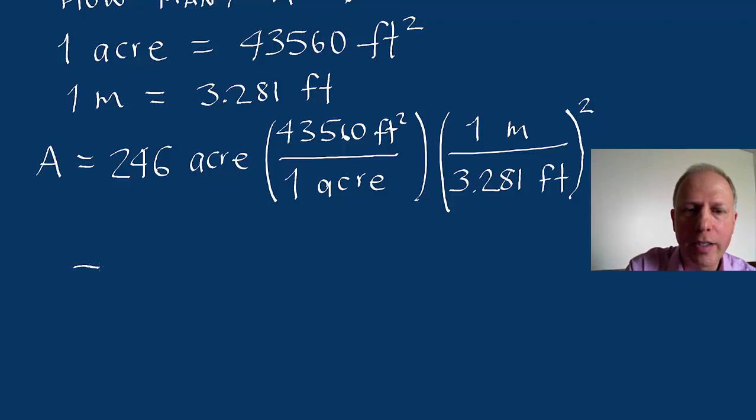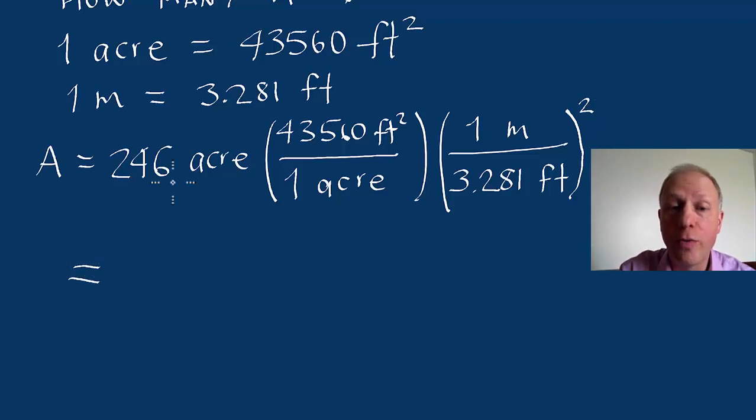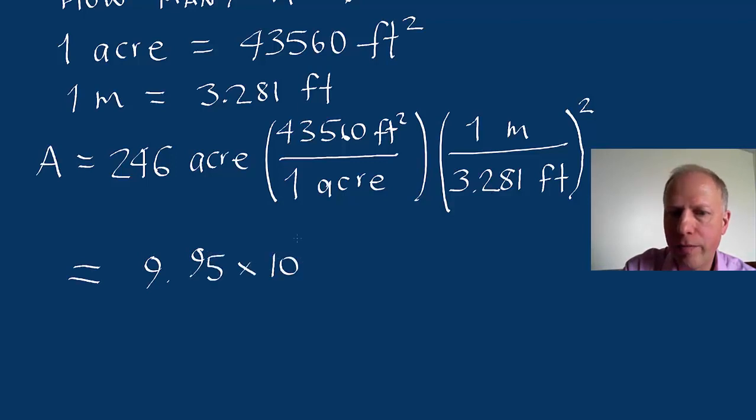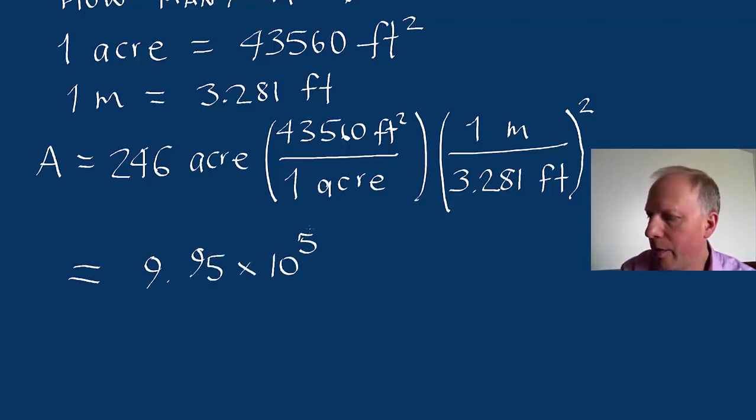So the way to do the calculation then is to take 246 times 43,560 divided by 3.281 squared. Please remember to square everything in this fraction, not just the units, but the numbers also. And the result is 9.95 times 10 to the 5th meters squared.